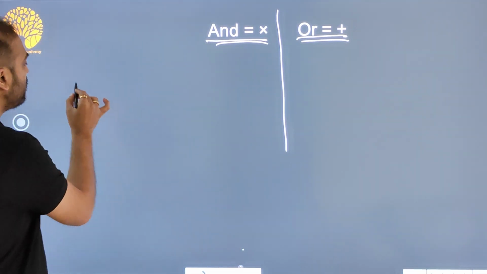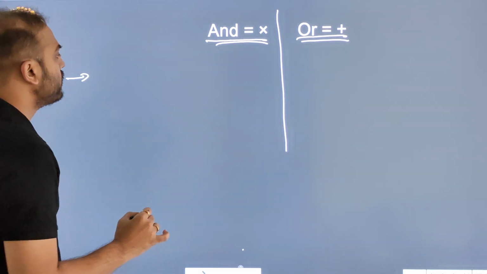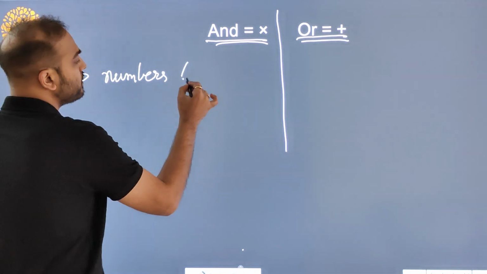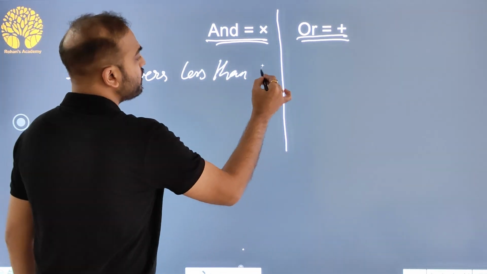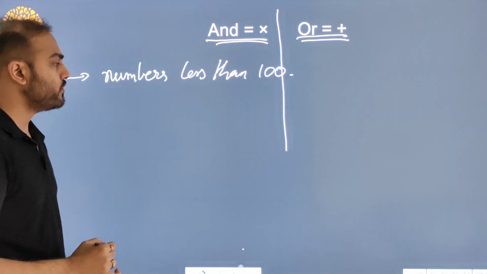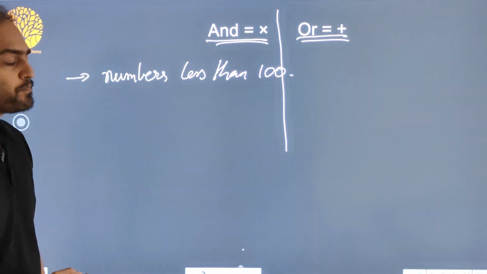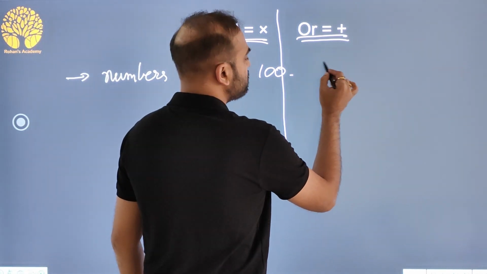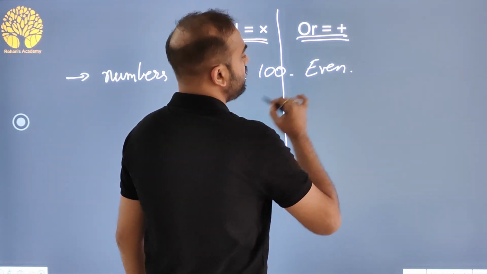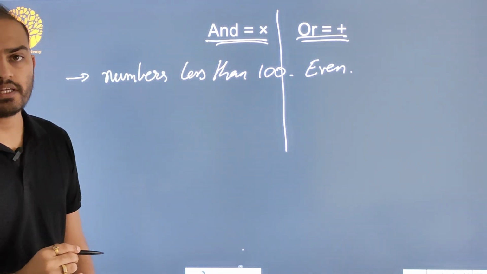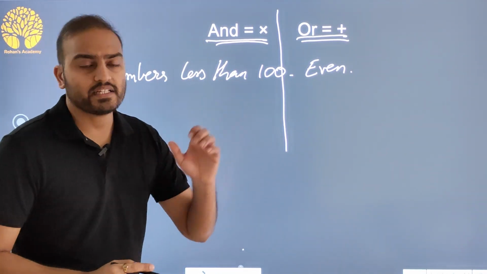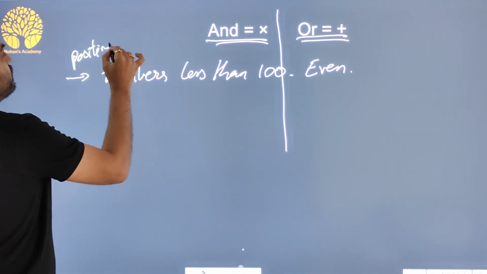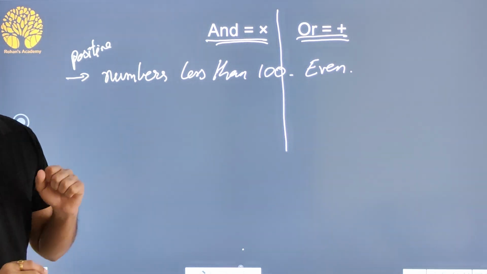Let's take an example to understand this. Say we want numbers less than 100, and we want the numbers to be even. Say these are positive numbers.